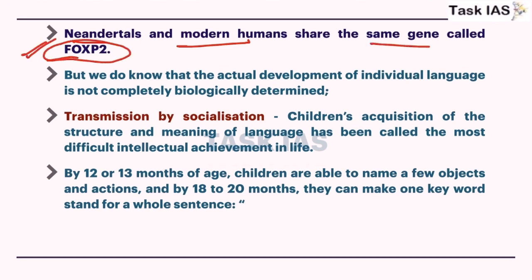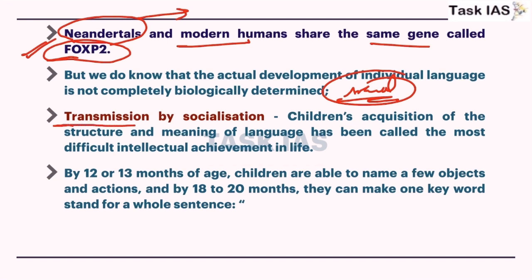This signified that Neanderthals had a vocal tract that is capable of production of speech. But remember that this is more about biological evidence of how human being is able to produce sound, but there is role of social values, socialization.